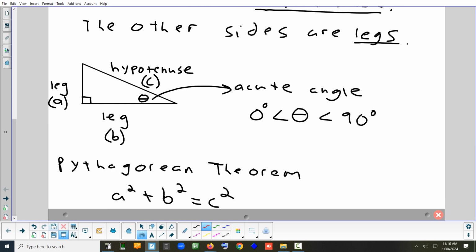Yep. This is a way to represent the formula, but the idea is if you square one leg, and then you square the other leg, and you add them together, it equals the hypotenuse squared. Whether you call the sides ABC or XYZ doesn't really matter, but ABC is the most common.